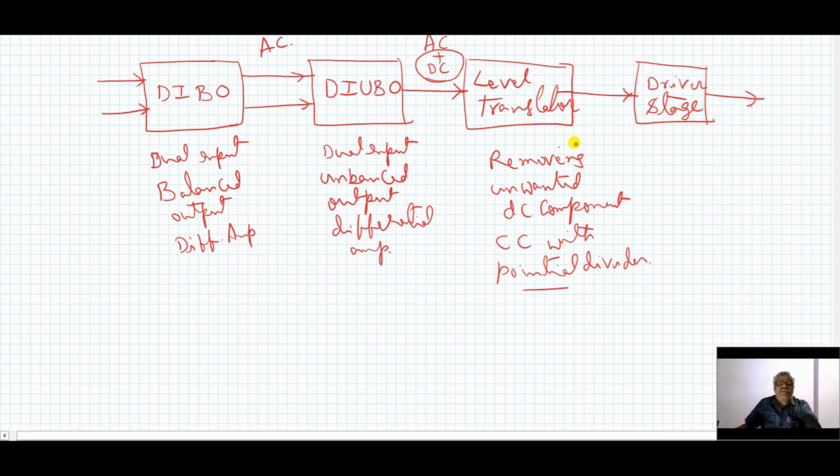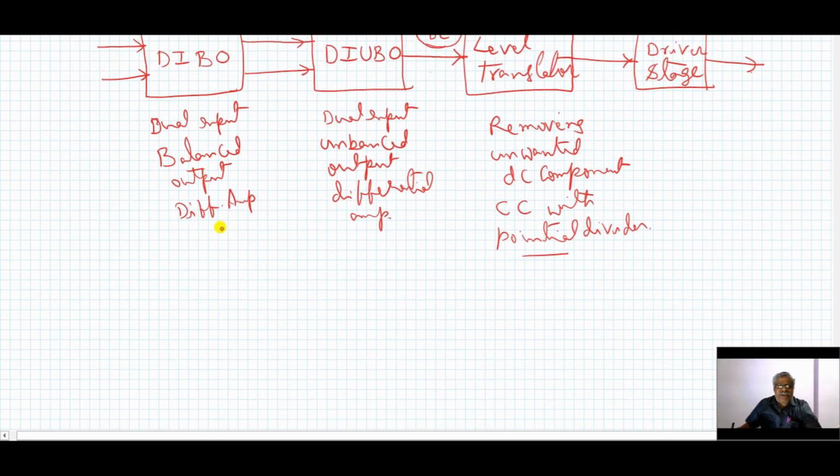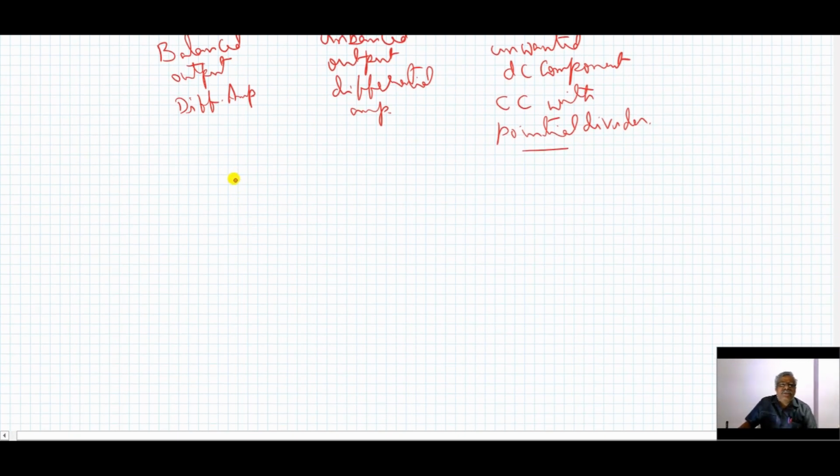Every time we cannot use this block diagram to represent the operational amplifier, so a simple symbol is used, which is like this. It is a triangle with one output and two inputs. These two inputs are V1, V2. V1 is called the inverting input, V2 is called the non-inverting input, and the output is V0.